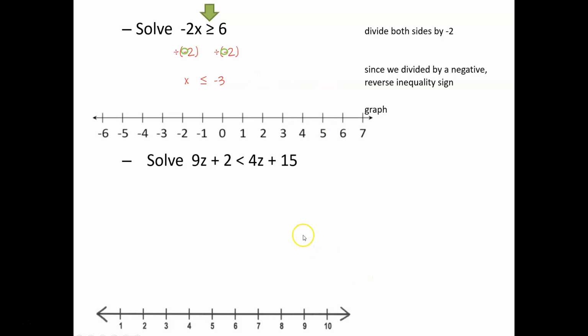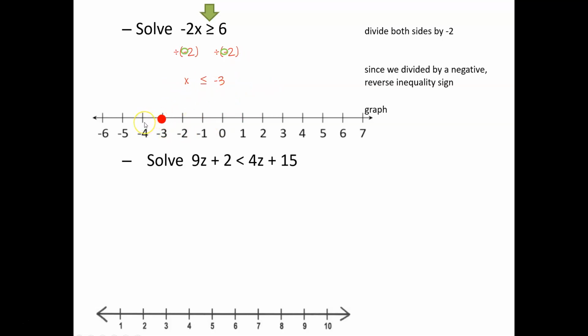So now let's graph this thing. First thing we're going to do is find -3. There it is. And then we have to say which numbers are less than -3. It also should be noted that we have a closed circle because we are including the point with the equal sign. So which numbers are less than -3?